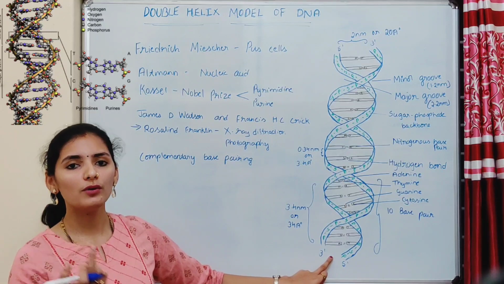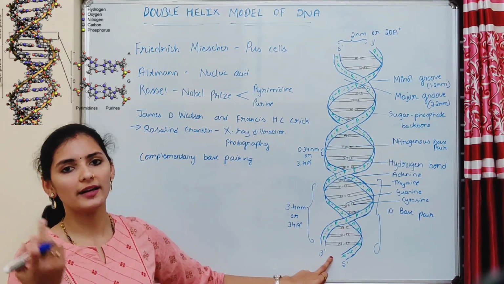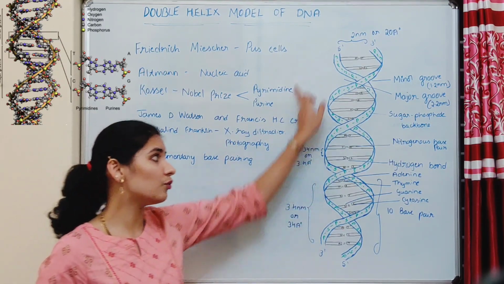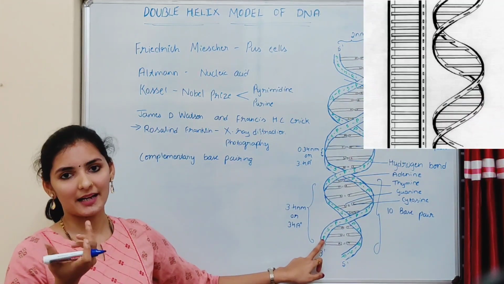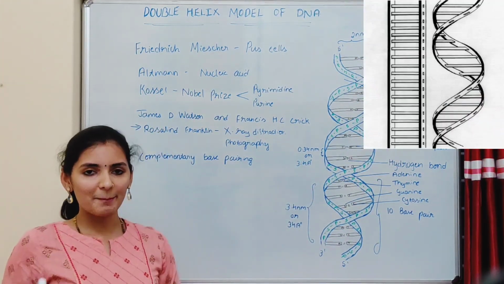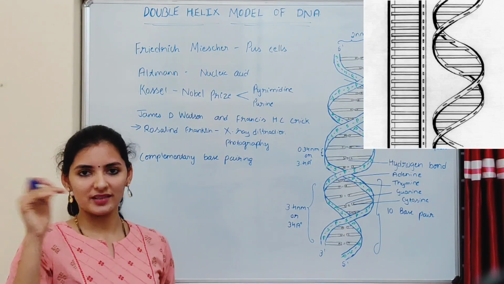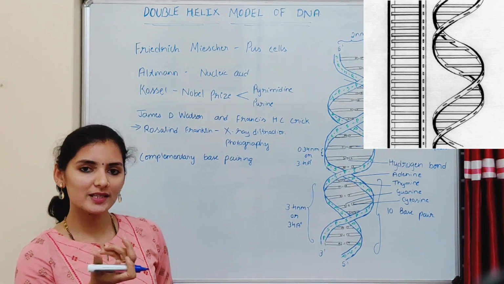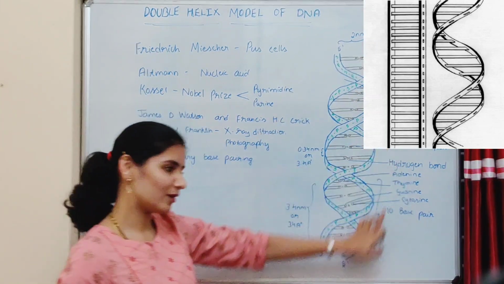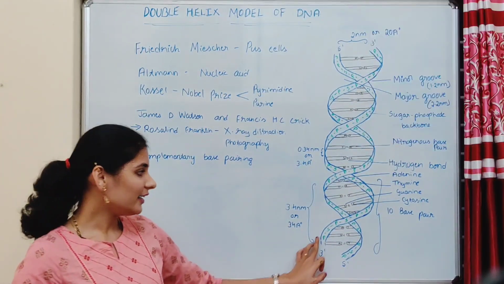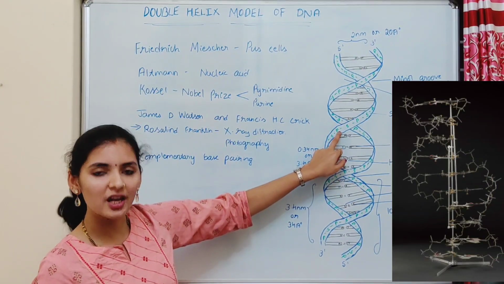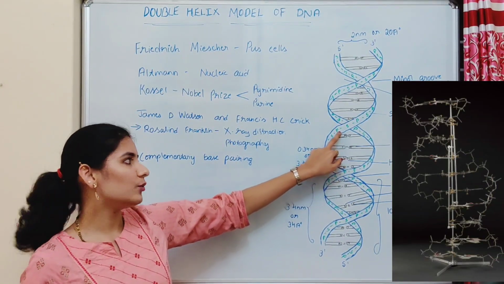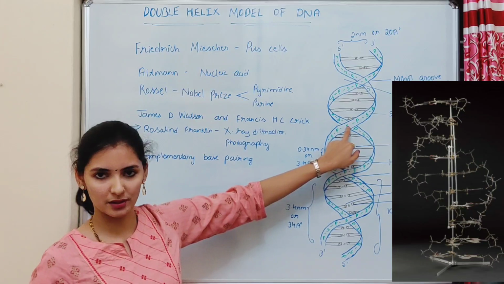coiled in the form of a right-handed helix or right-handed spiral to form a double helix, and it is compared to a twisted ladder. A ladder consists of uprights and rungs or steps, isn't it? So if you twist that ladder, it looks somewhat like this. And each of these polynucleotide chains consists of a backbone which is made up of repeating units of phosphate and sugar.